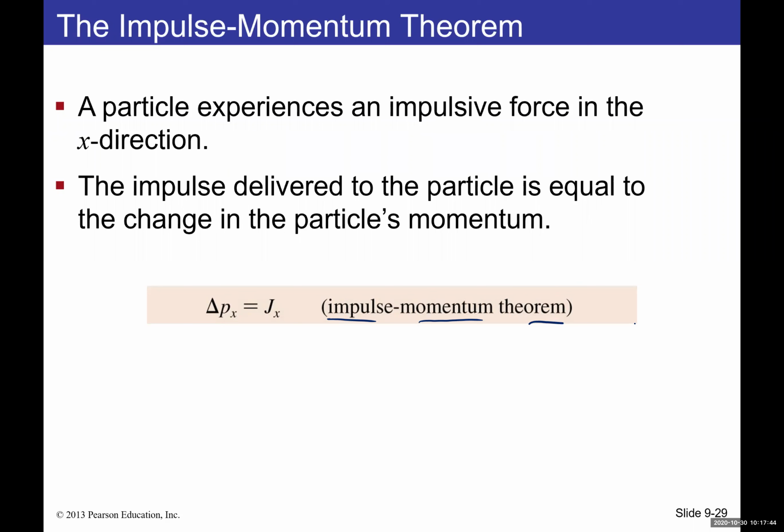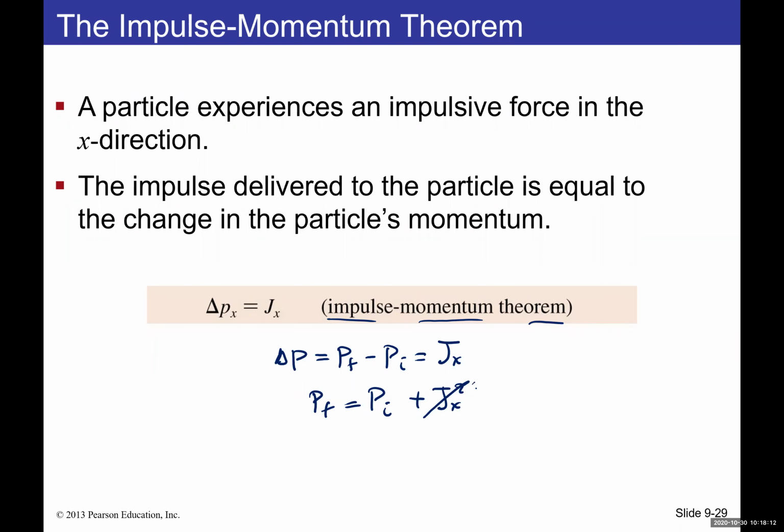The particle experiences an impulsive force in the x direction, and the impulse delivered to the particle equals the change in the particle's momentum. Sometimes you can rewrite this as delta p, which is p final minus p initial, equals jx, and then you can say p final equals p initial plus jx, moving the p initial to the other side.